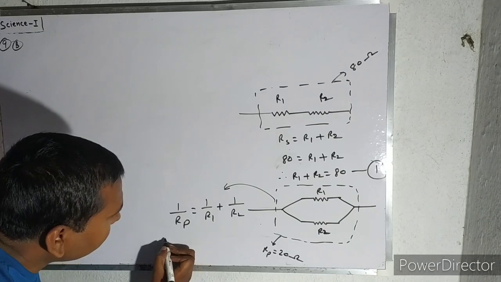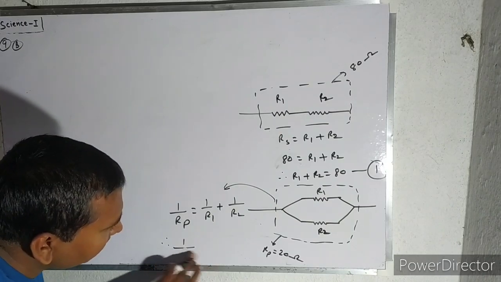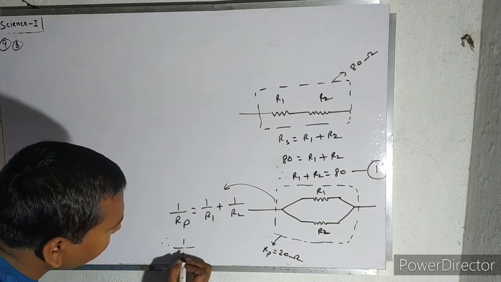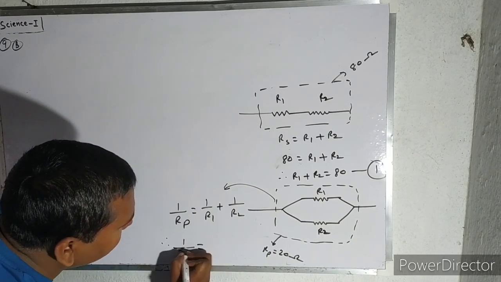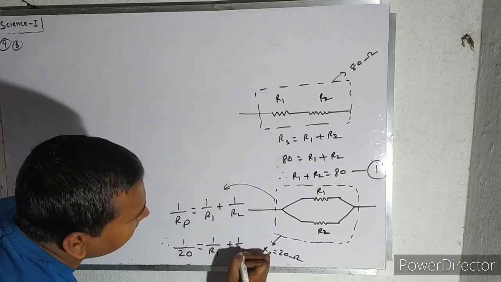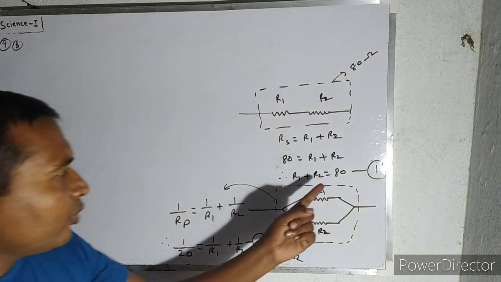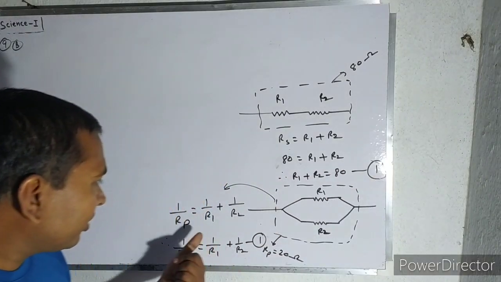So therefore 1 upon 20 is equal to 1 upon R1 plus 1 upon R2. Equation number 2.